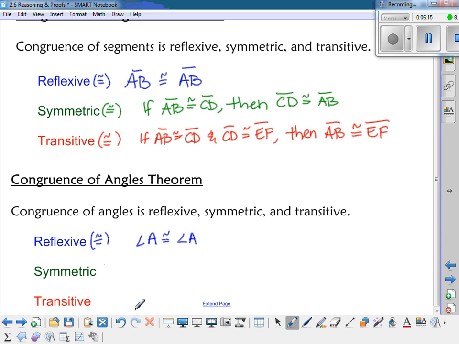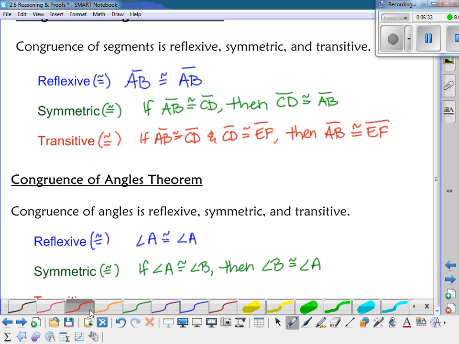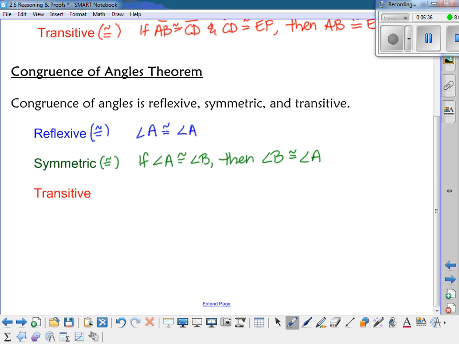For the symmetric property of congruence with angles, if angle A is congruent to angle B, then angle B is congruent to angle A. And then finally transitive. If angle A is congruent to angle B and angle B is congruent to angle C, then angle A is congruent to angle C.